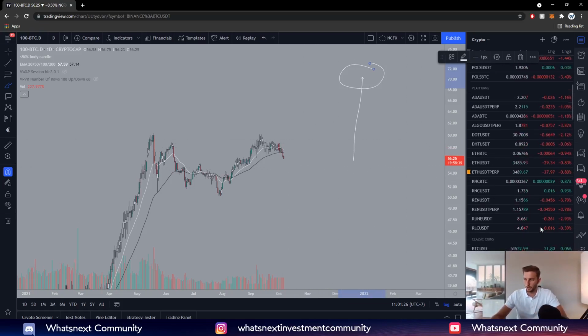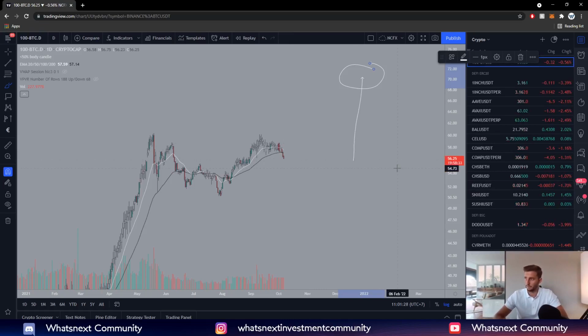That's not a big problem, because following the money flow cycle, money will move from Bitcoin to high caps, mid caps, low caps, and micro caps. So we can position ourselves right now, not in Bitcoin itself, but we can look for opportunities in the altcoin market.